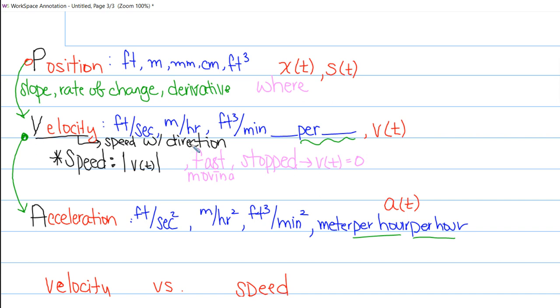Make sure you know that if it's talking about moving or stopped, when is it moving left, when is it moving right, it's really looking at the velocity, not the position. So we need to be clear on that. I think that's about it for this video.